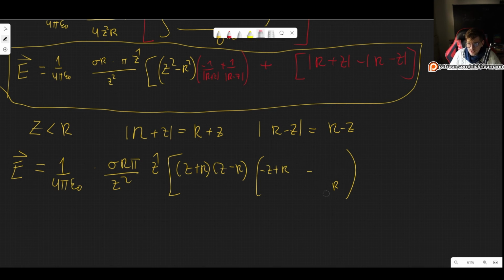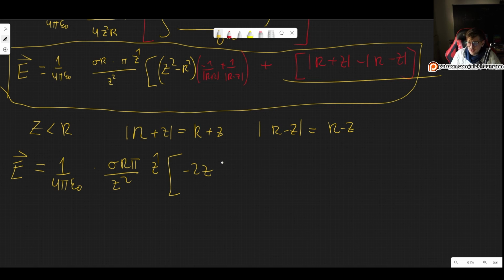And when we multiply the second term, this cancels out, and we get minus z minus r. So from here, we get that the r's cancel out this time, and we get minus 2z.